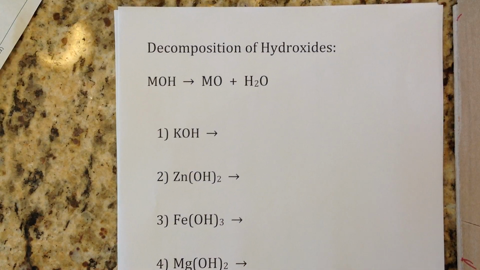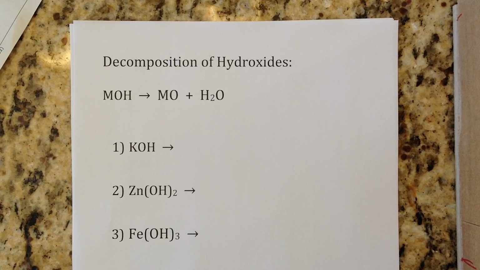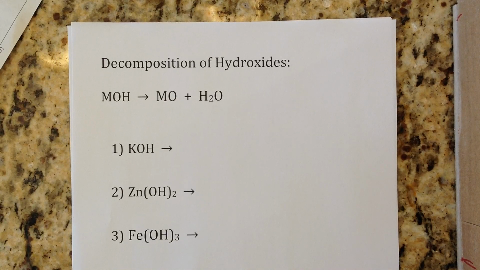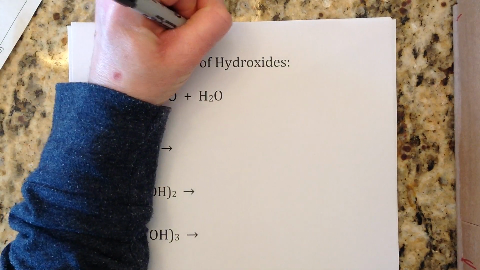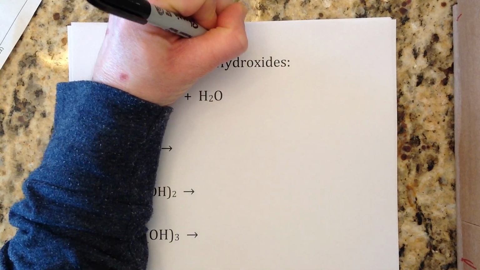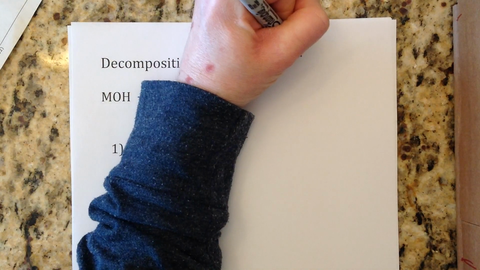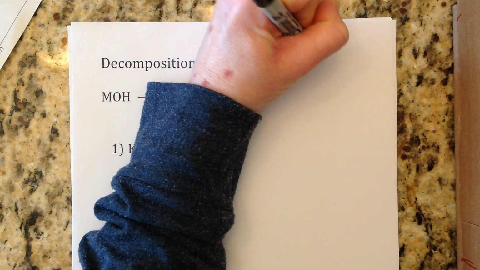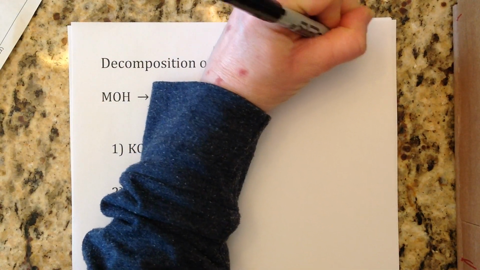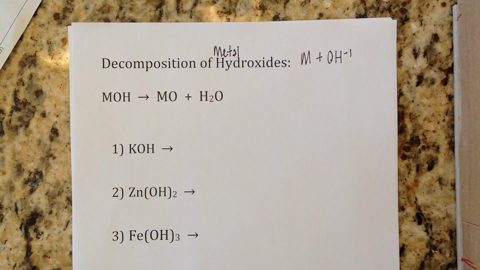So the next one we're going to look at is the decomposition of hydroxides, actually metal hydroxide. So add metal in there, metal or metallic, same thing. And this is simply a metal that is bonded to hydroxide, and hydroxide is one of our polyatomic ions.